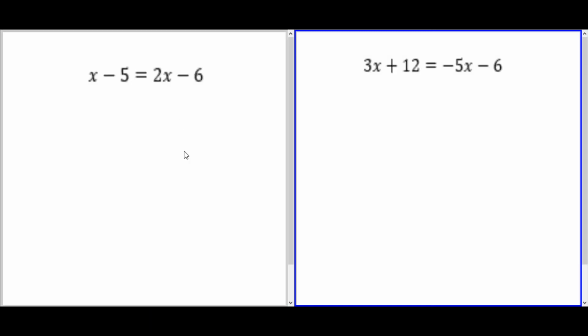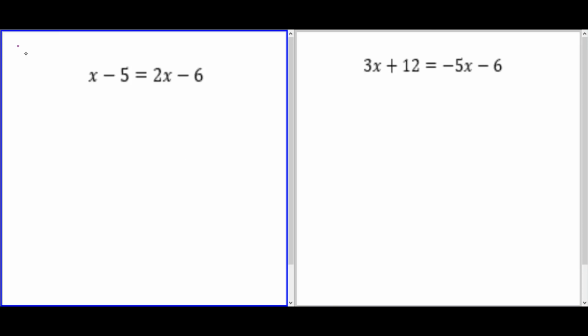Okay, the last two that I want to go over involve having variables on both sides, but it's going to work pretty similar to what we just did. So I'm going to write my SAD map.